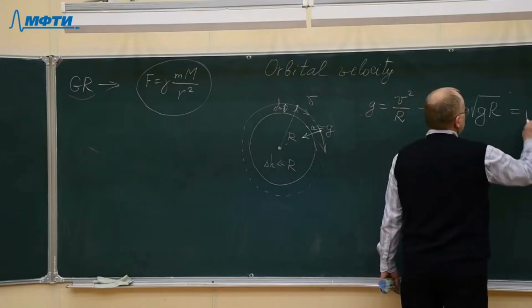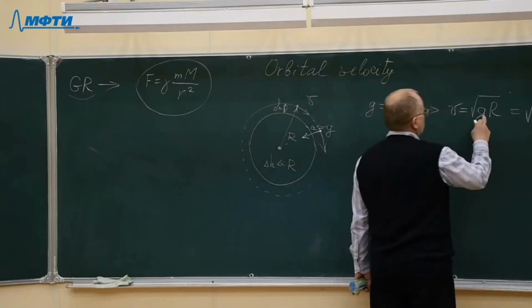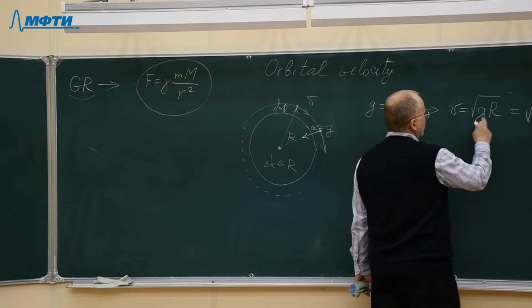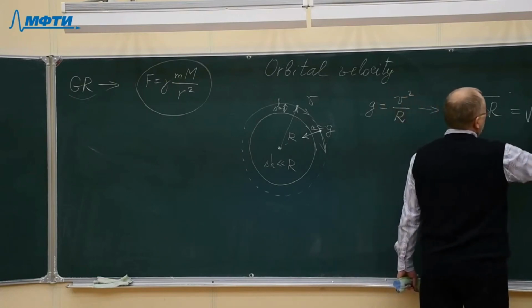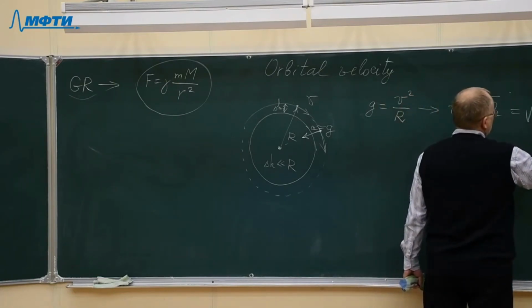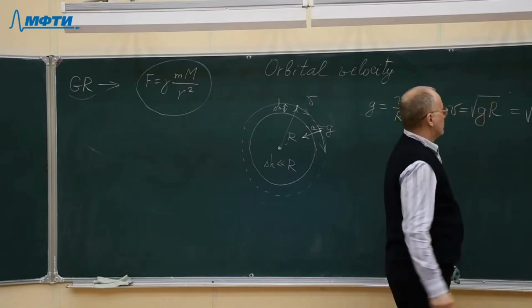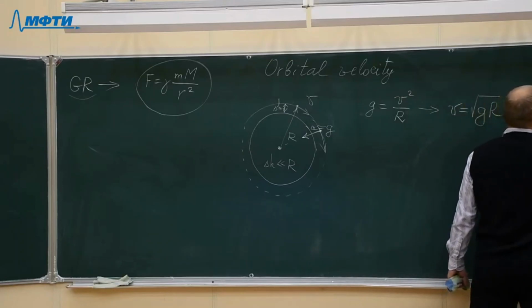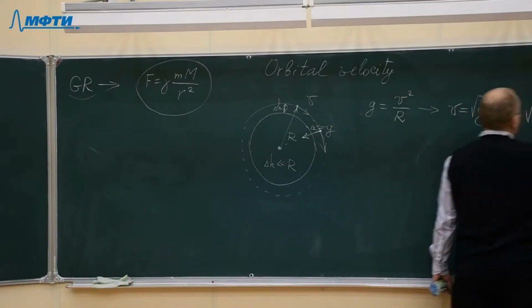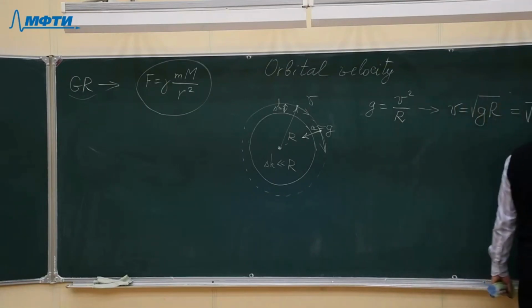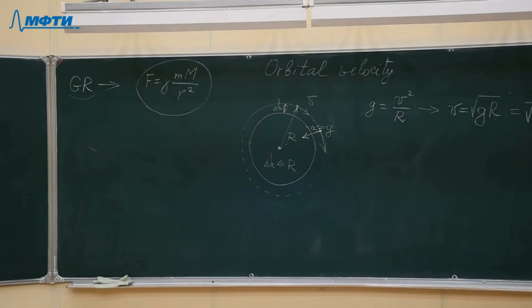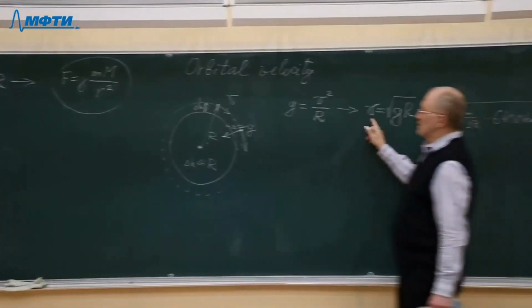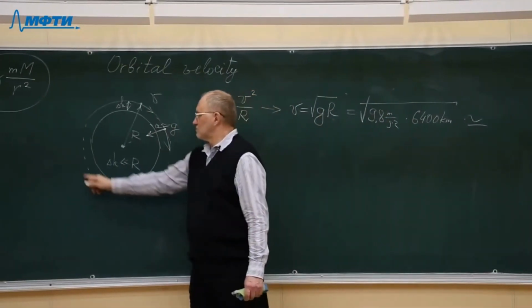If we substitute for these physical quantities their values, 9.8 meters per second squared for the acceleration of free fall and about 6,400 kilometers for the radius of our planet, then we can approximately calculate the velocity of a satellite which orbits the Earth.